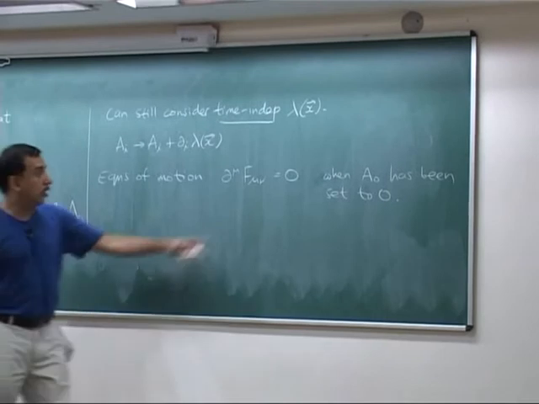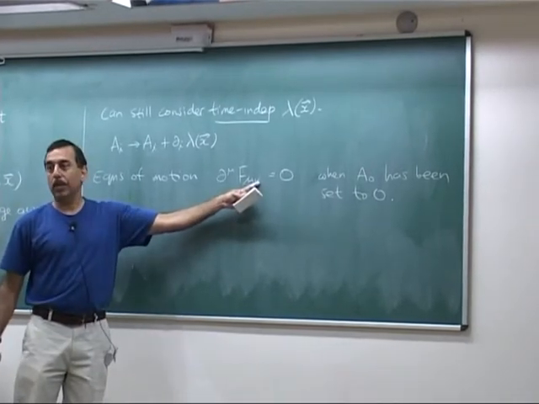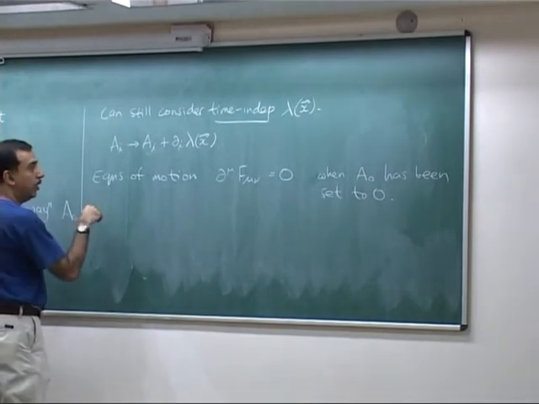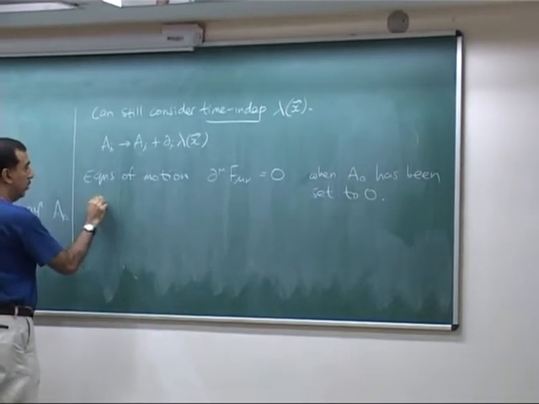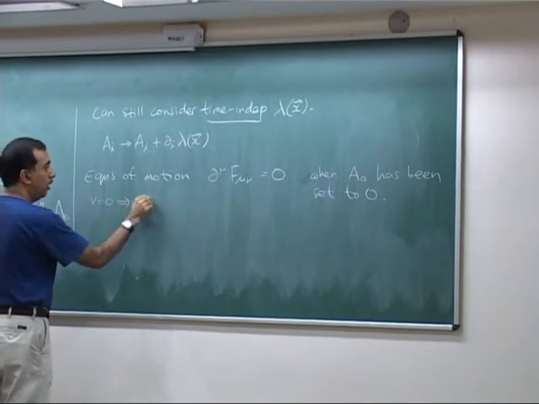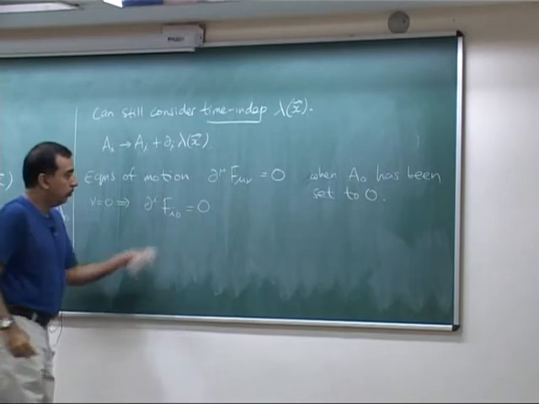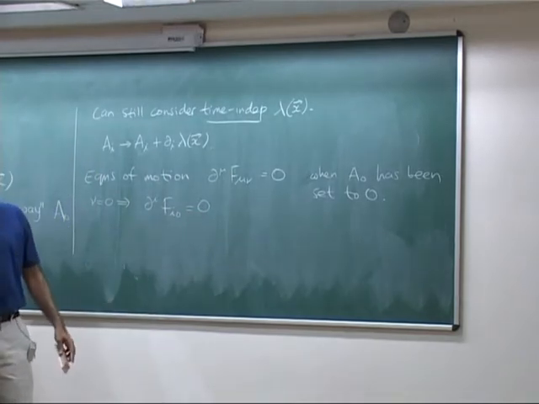So there are two sets. One is when nu is equal to 0, another set is when nu is equal to i. So mu equals nu equals 0 gives del i F i0 equals 0. And what is F i0?